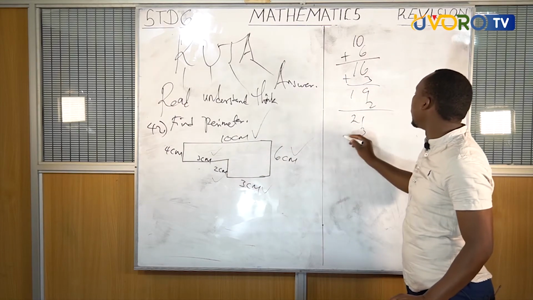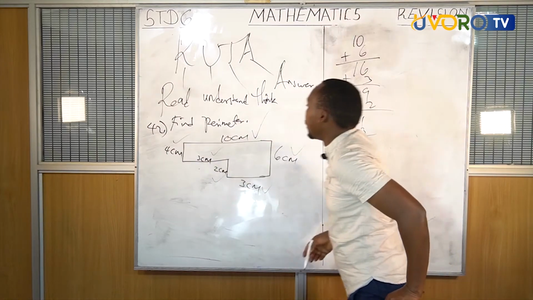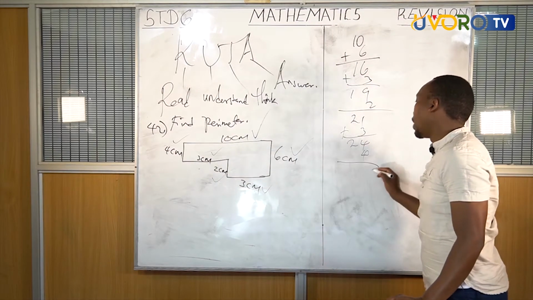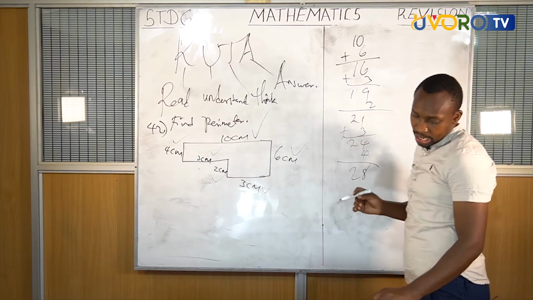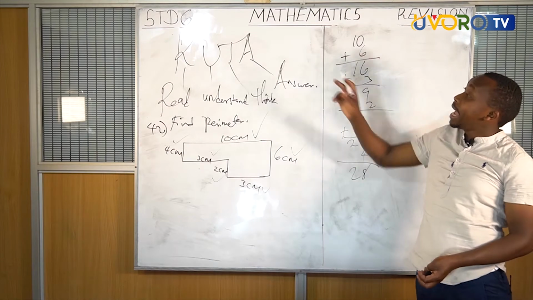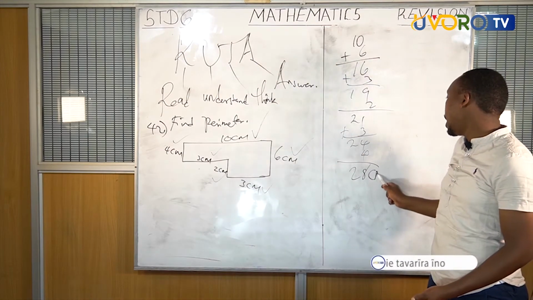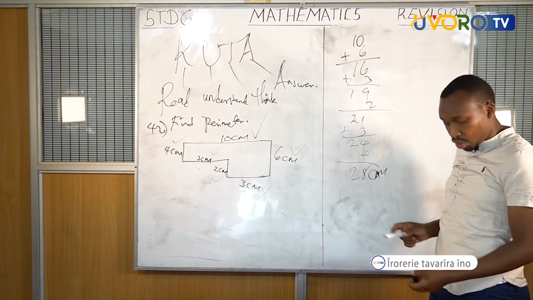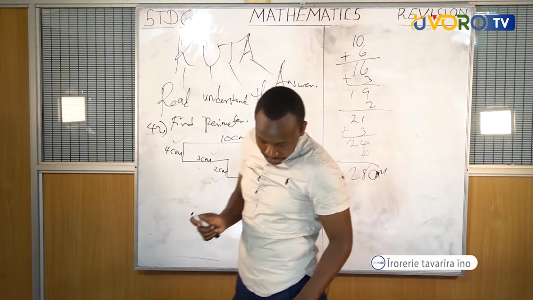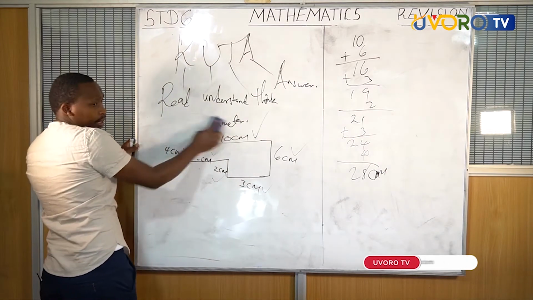Plus 3, 24. Plus 4, 28. Now, that sum is so simple. We are saluting A for answering. So the answer is 28 centimeters.